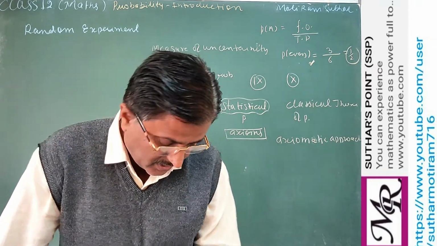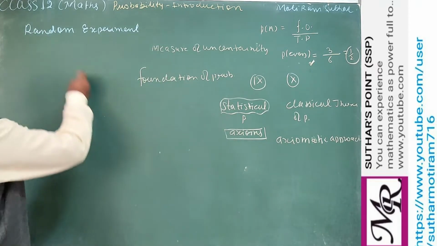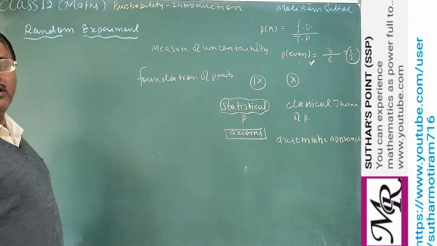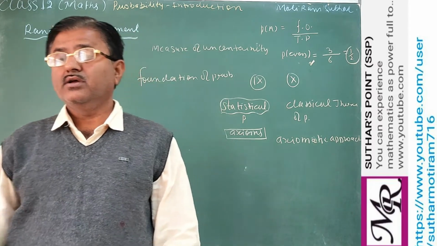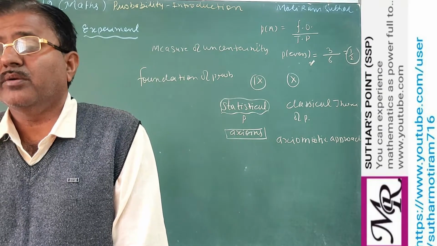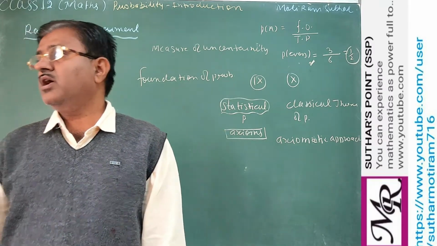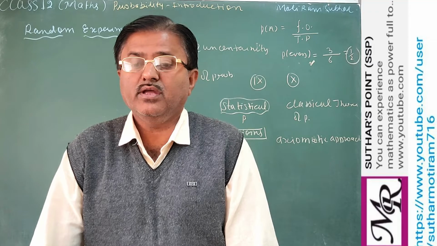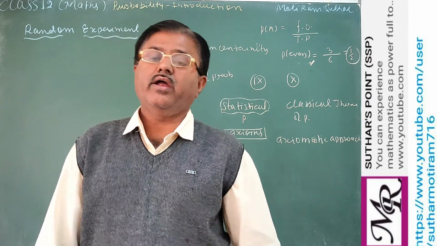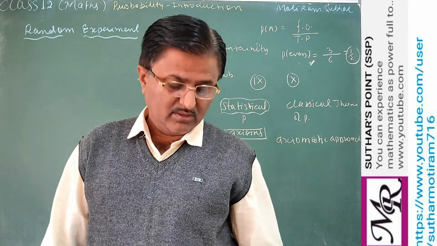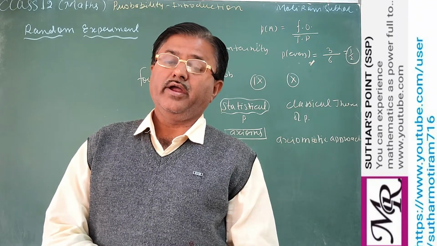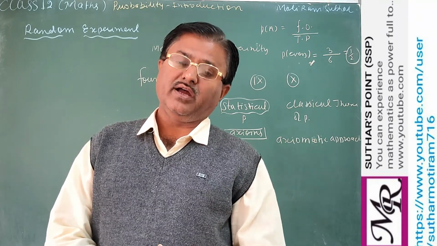Now what is a random experiment? Random experiment means we cannot say the result in advance. Correct? Like suppose we are throwing a coin, then we cannot say it will turn into head or tail. In advance we cannot say the result will be head. If you perform this activity, you will get the head.